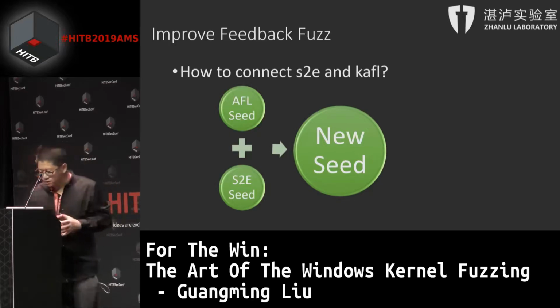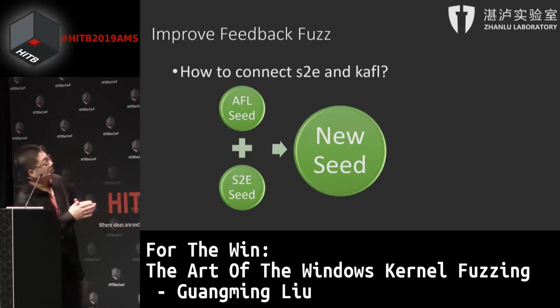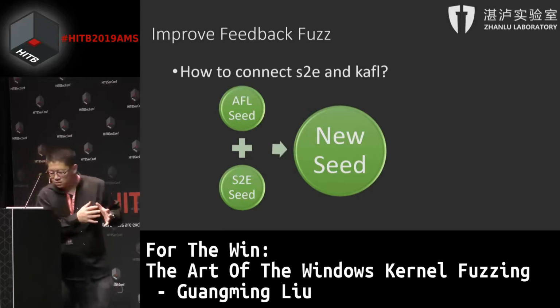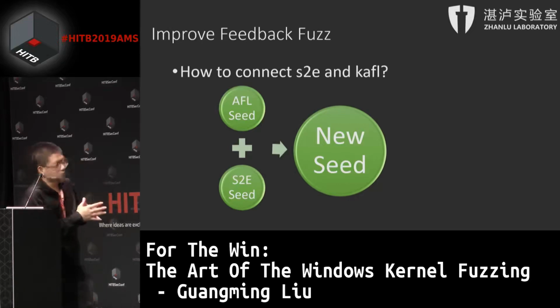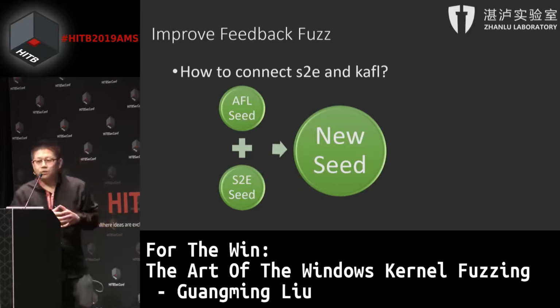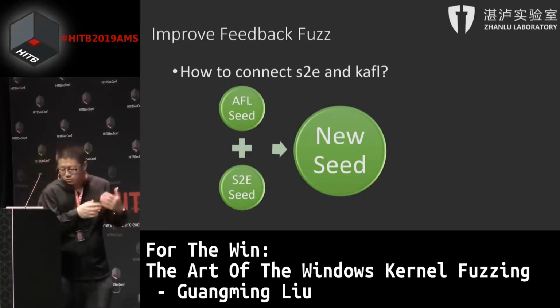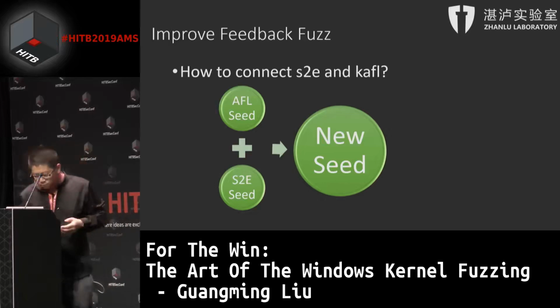So we can use the same string as the seed at the same time. If we can find more paths with AFL, we can try S2E. If S2E doesn't work, we can try AFL to help us.